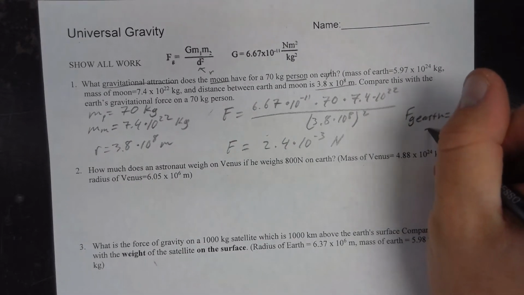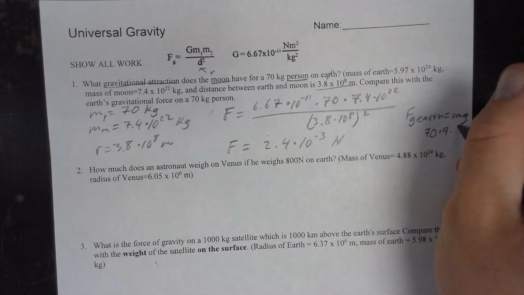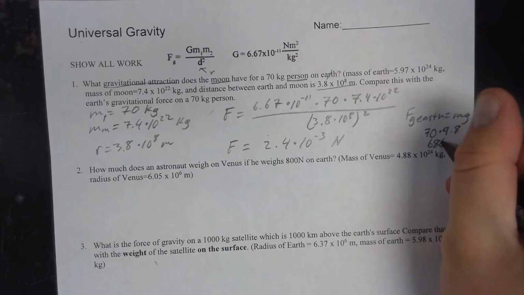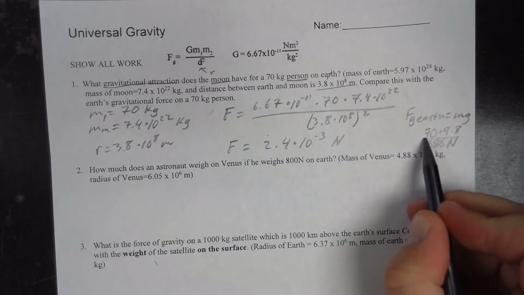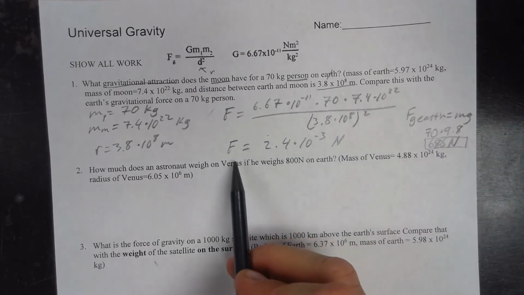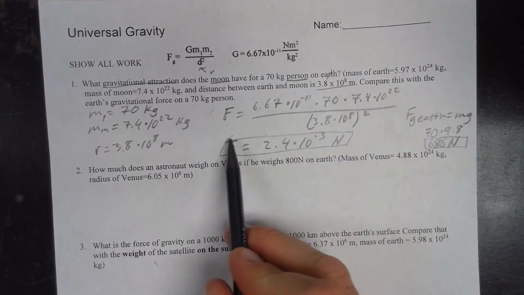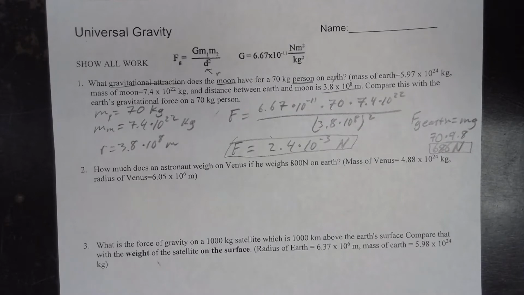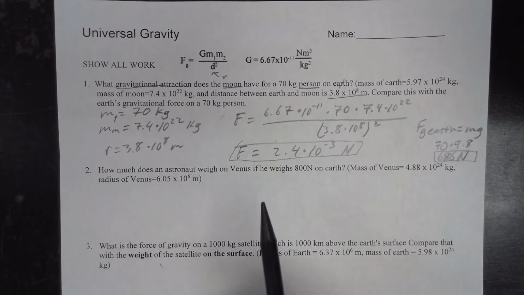So in that case, it'd be 70 times 9.8, or 686 newtons. And as you can see by looking at these two numbers, there's a reason we don't really care about the force the moon is applying to us in relation to how hard the Earth is pulling on us. So that's how we plug those in.